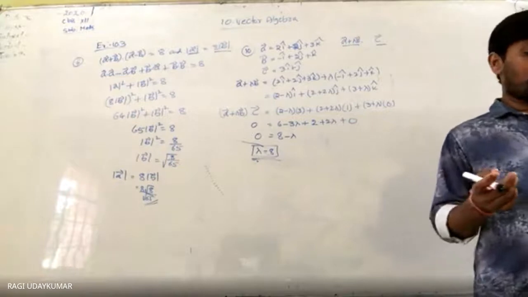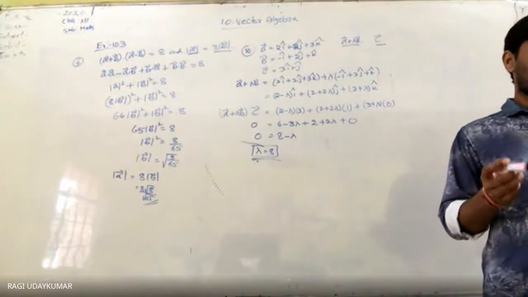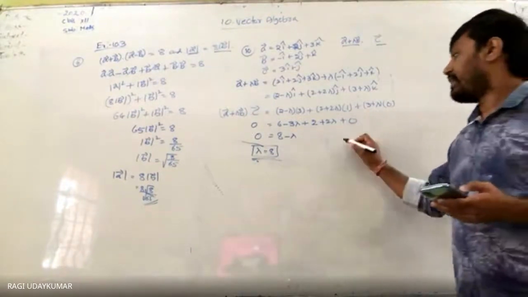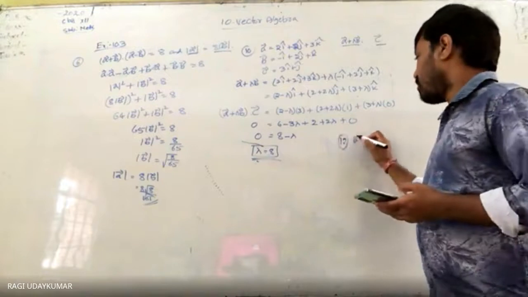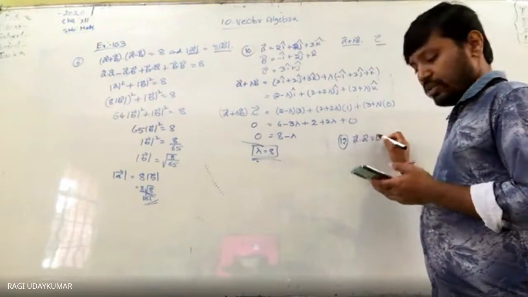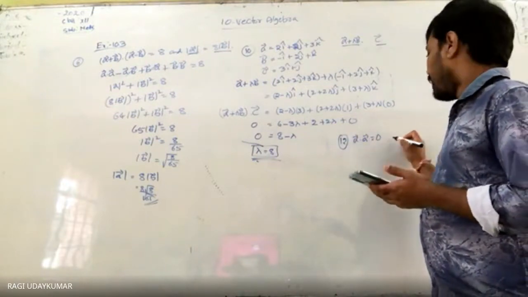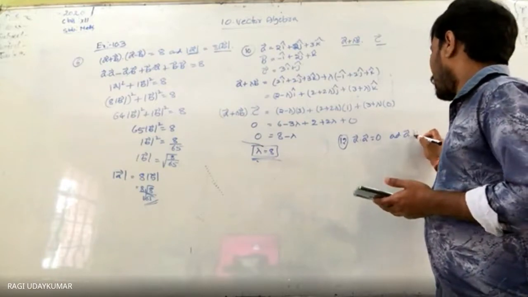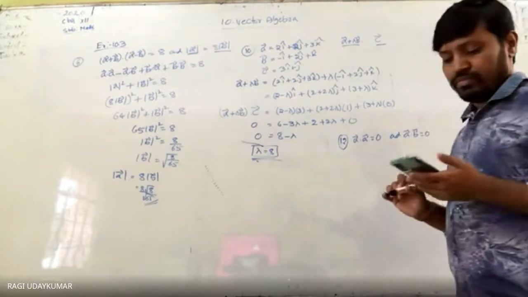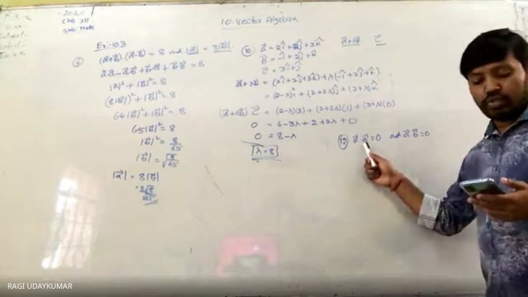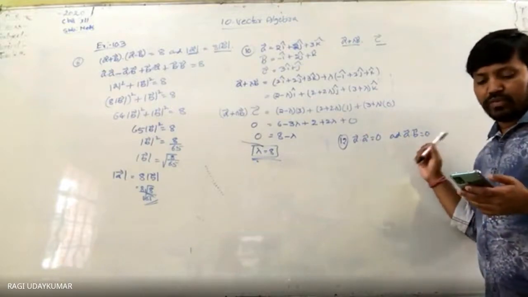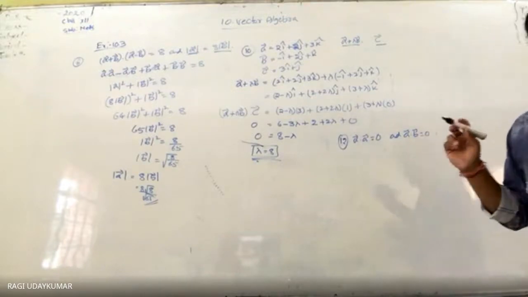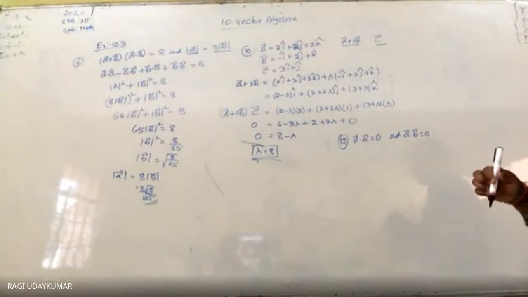And the 12th problem: a bar dot b bar is equal to 0, and a bar dot a bar is equal to 0. Very interesting question here. The dot product of a bar with a bar is 0, and the dot product of these two vectors is 0. So what can you say about the vector a bar?